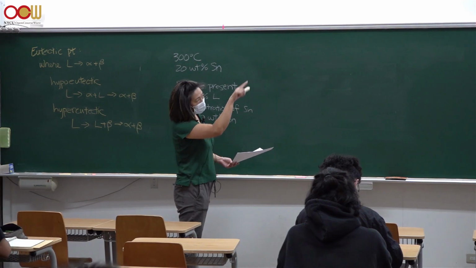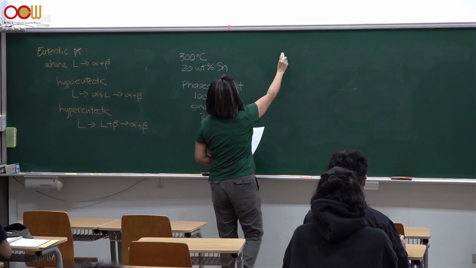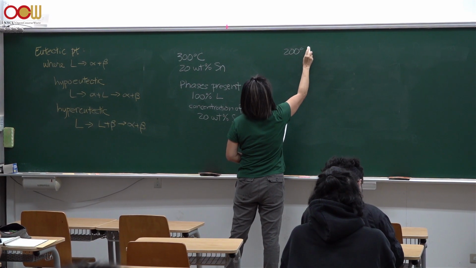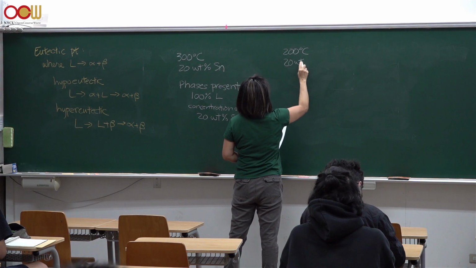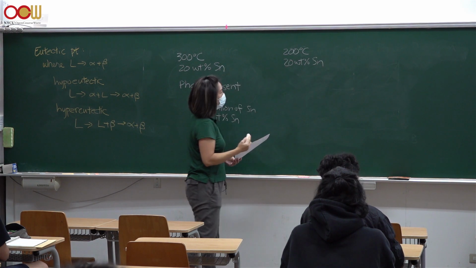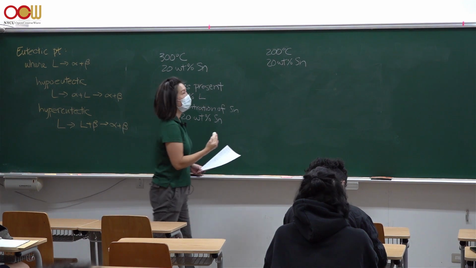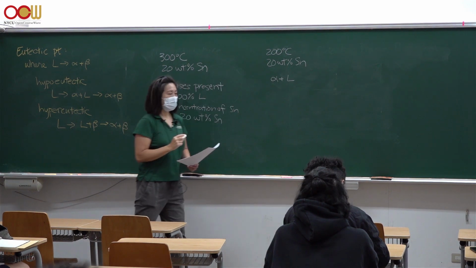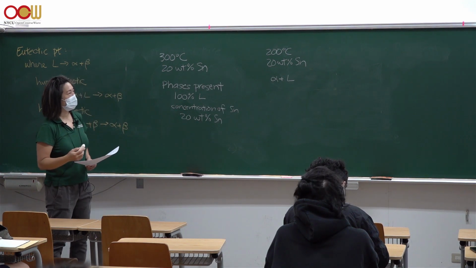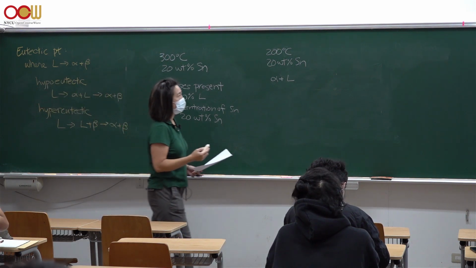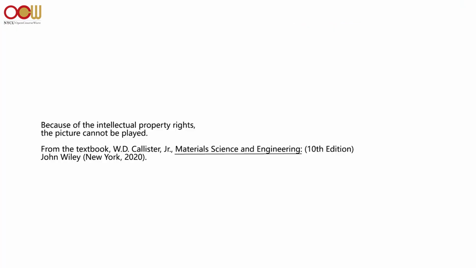Now let's look at the second red dot as we lower the temperature. Now we're at 200 degrees Celsius, but still the same composition. So what phases do I have present? Alpha and liquid. How much alpha and how much liquid? Let's say this point is, what did I use? 18.